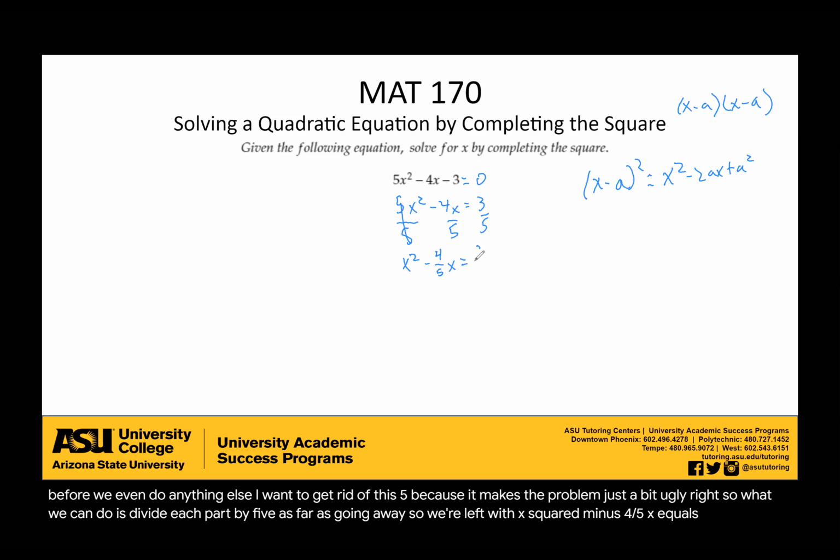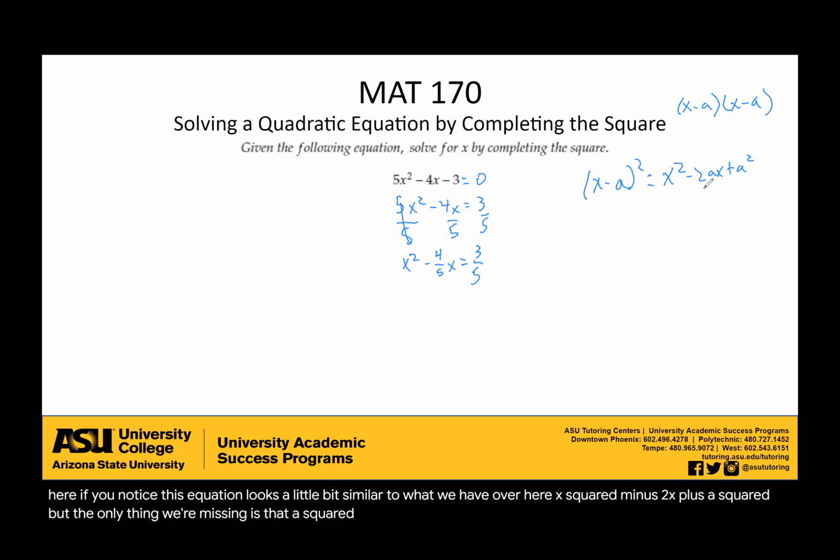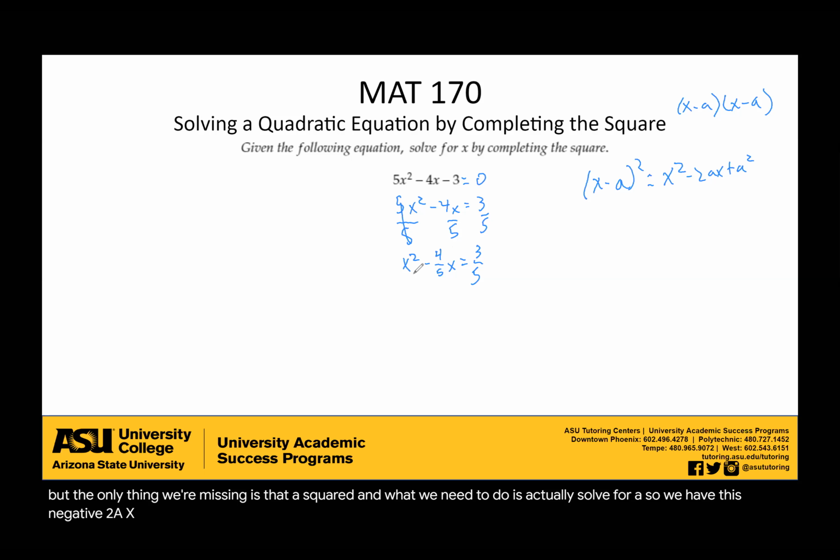equals 3/5. Now from here, if you notice, this equation looks a little bit similar to what we have over here, x squared minus 2ax plus a squared. But the only thing we're missing is that a squared. What we need to do is solve for a. We have this -2ax here, which is similar to this -4/5 x, right?